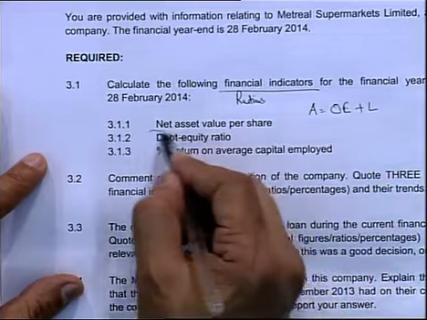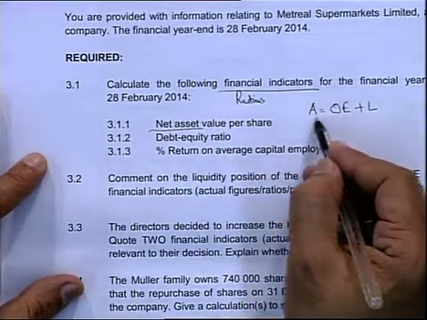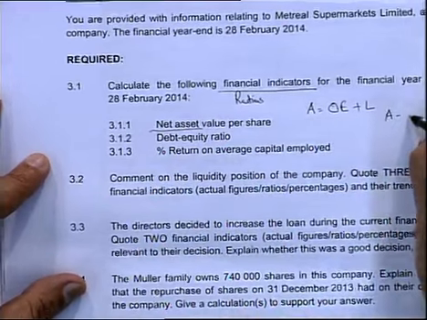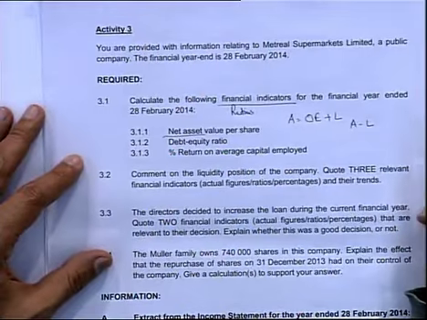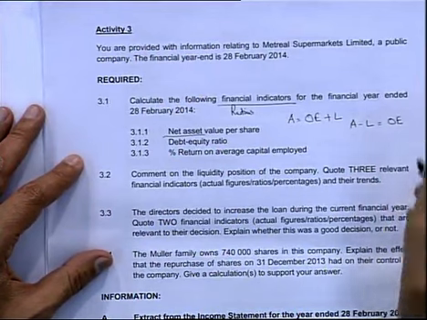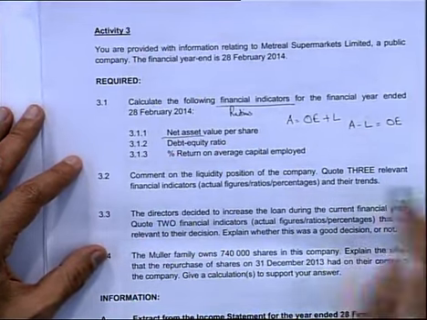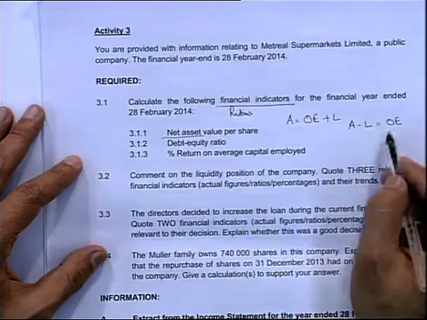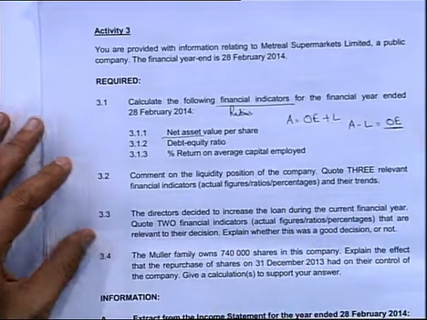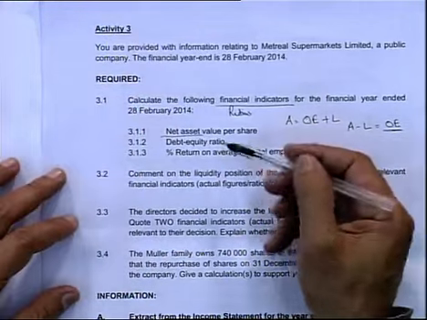So when we talk about net assets, it means the assets minus the liabilities, and that will give me the owner's equity. So whenever you see the word net assets, then you must know we're talking about the owner's equity. Okay? We'll come back to the other two as we go along now.